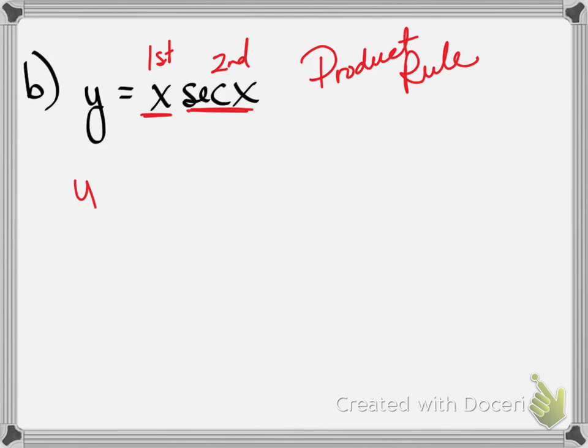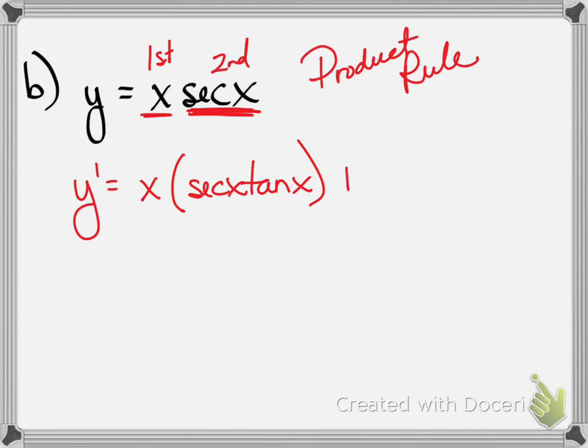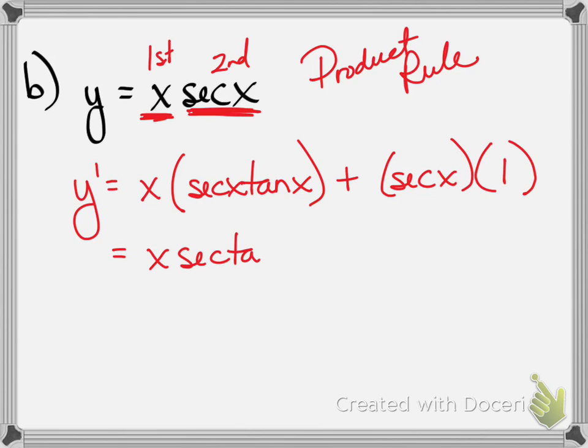So when we run through the product rule, it's first times the derivative of second. We just learned the derivative of secant x is secant x tangent x, plus second, which is secant, times the derivative of the first, which is a 1. All right, and then we clean it up. We just sort of drop those parentheses.